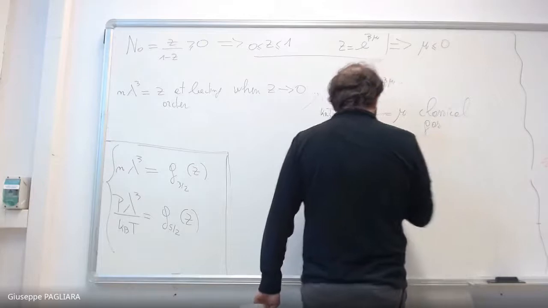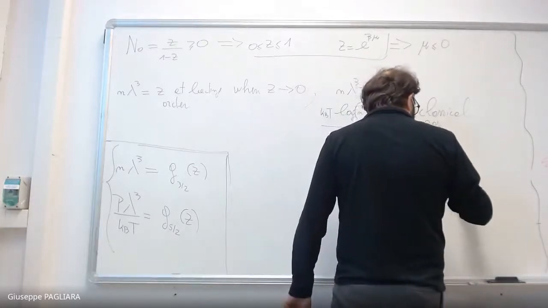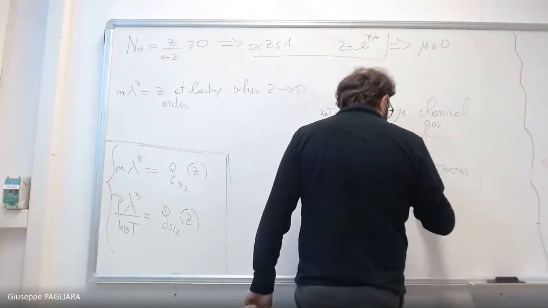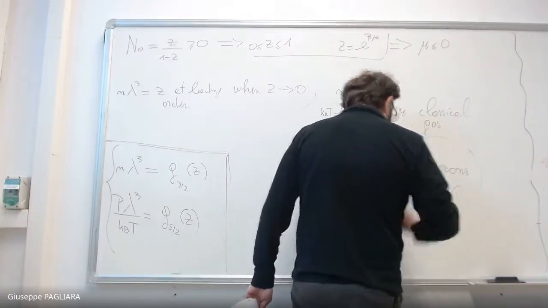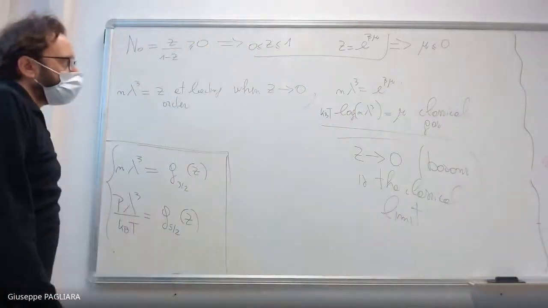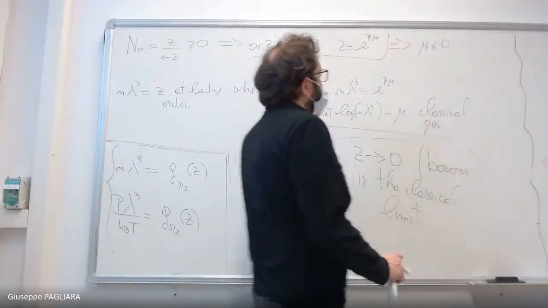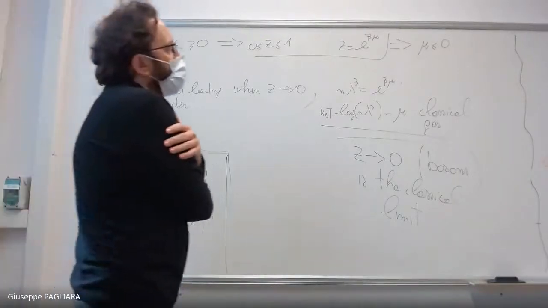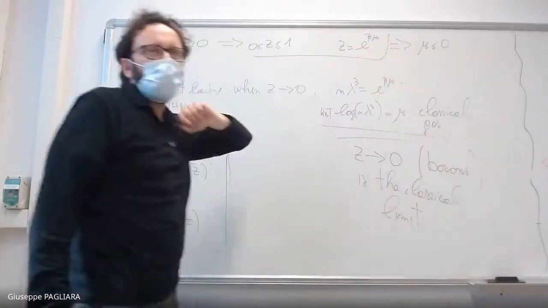So z approaching 0, in the case of bosons, but also for the case of fermions, is indeed the classical limit. If you think about chemical potential, it corresponds to the case in which mu is large and negative, or better to say that the product beta mu is large and negative.